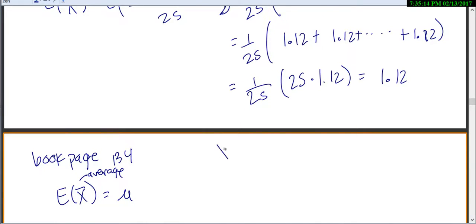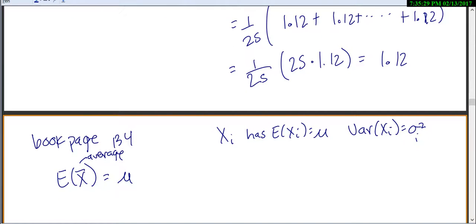Okay, so if xi has expected value of mu and variance of xi equals sigma squared. Okay. So the expected value will just be equal to mu.